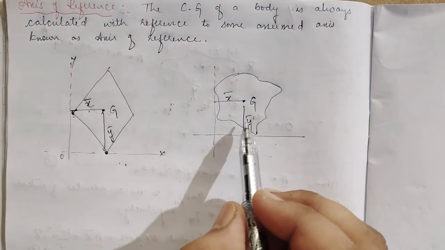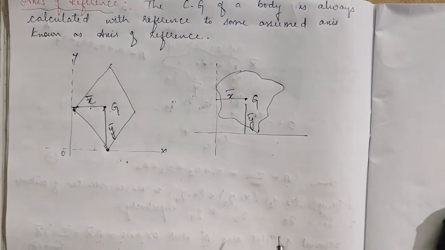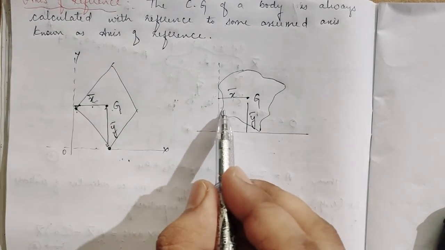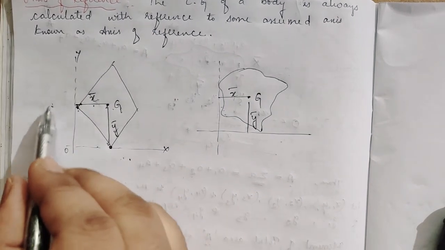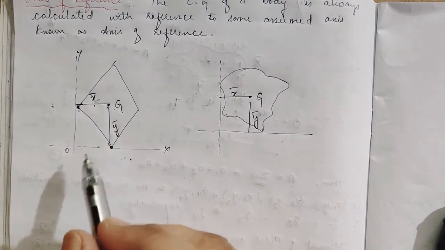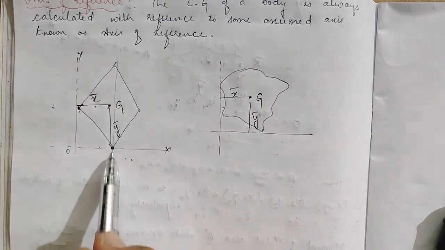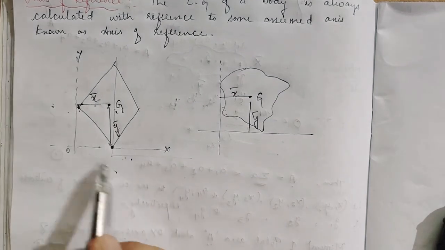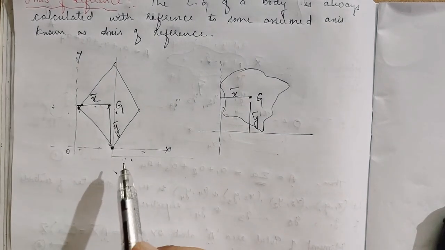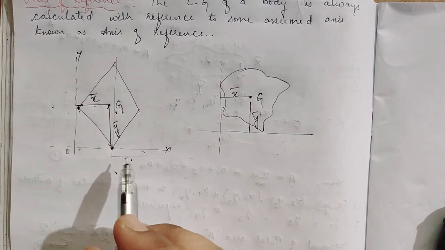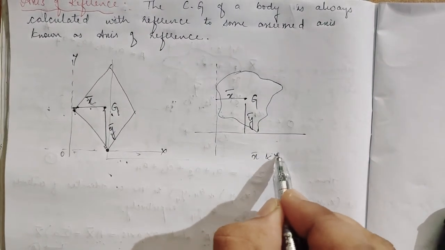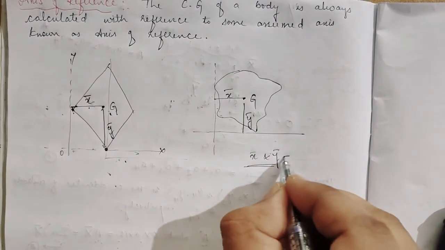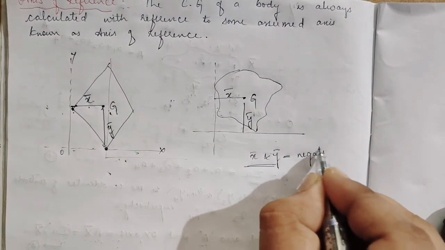If the coordinates are on the left side, or if the G comes below the reference axis x, then consider x bar and y bar as negative for calculation.